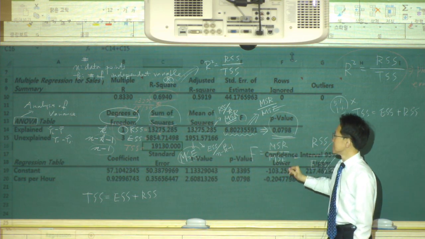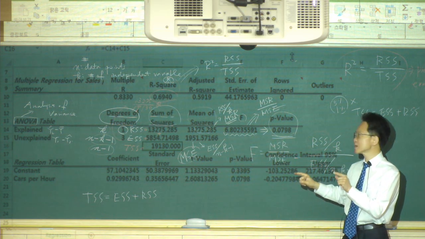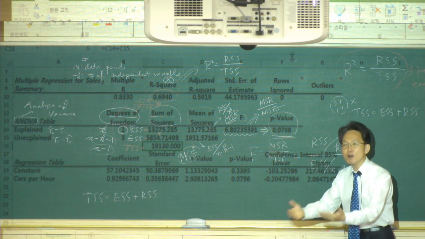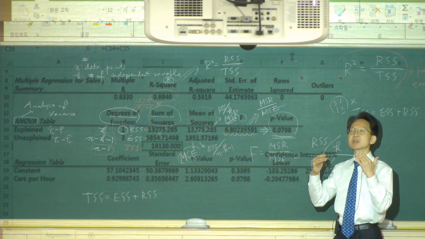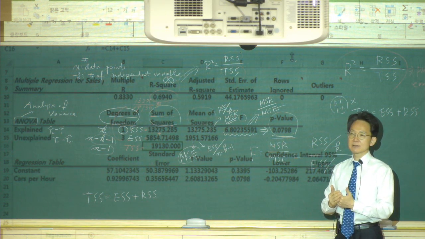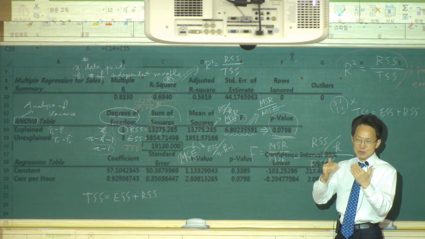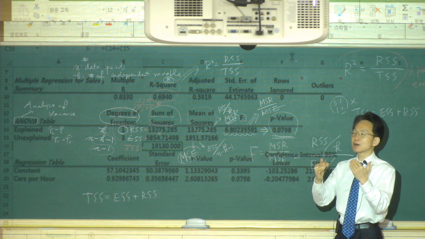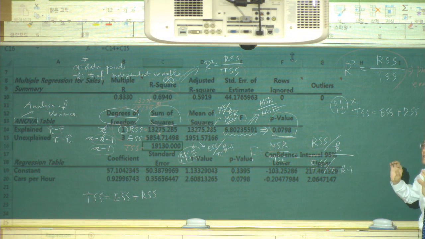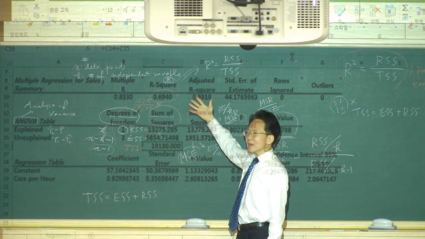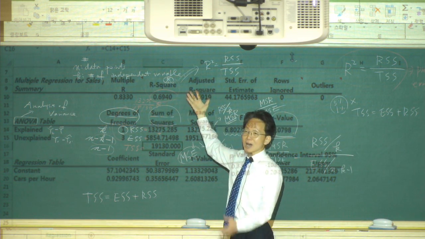On the contrary, the F statistic says something about, compared with the unexplained errors, how much can I explain? Okay? So there is a slight difference, but I think the difference is not that big. It's not absolutely true, but if I can give you a rule of thumb, in practice people want to use R square.